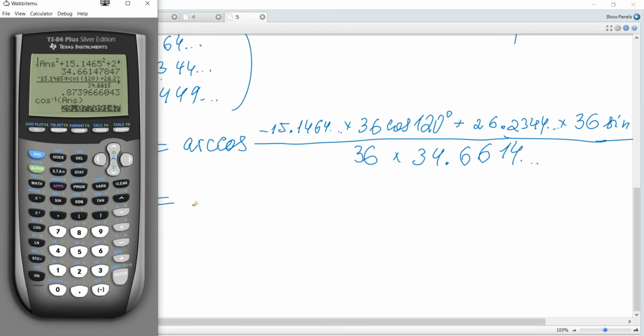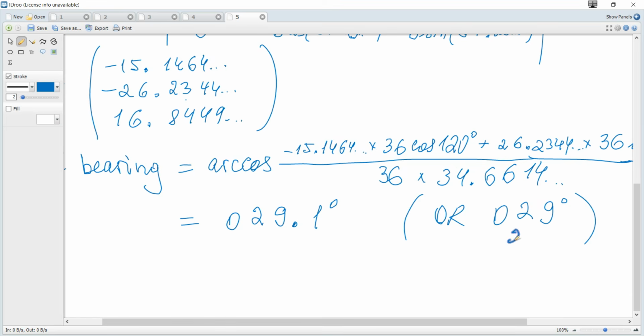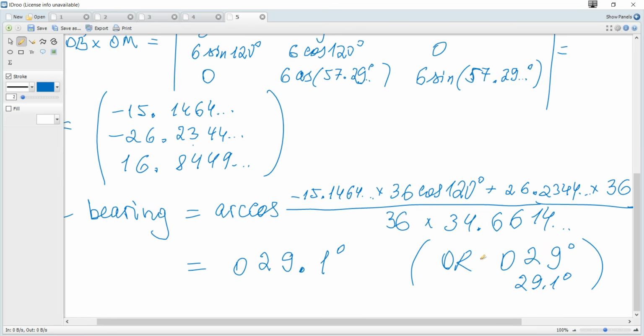Since it's the bearing angle, it's 0 to 29.1 degrees, or just 0 to 29 degrees, or as usual to 3 significant figures is also acceptable. And that's all for this question.